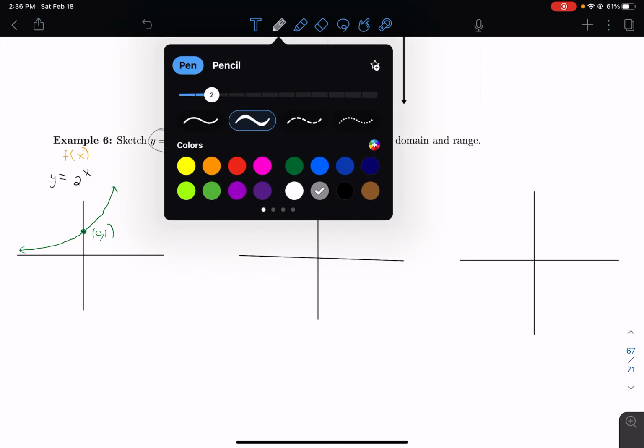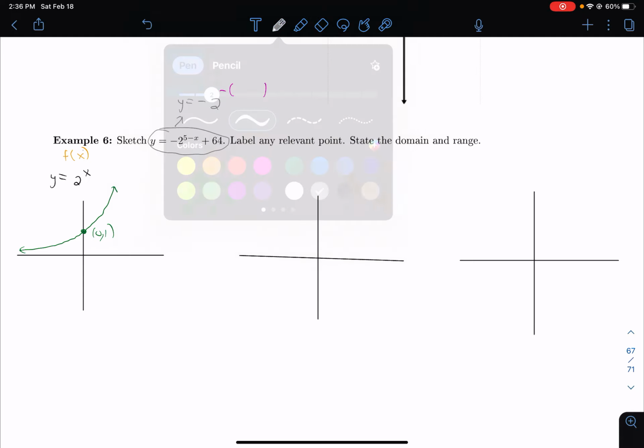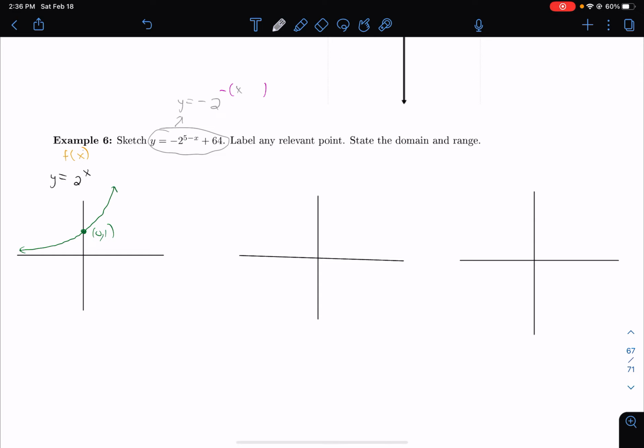So if I factor a negative out of those two terms, which happens to be the exponent, that'll change that negative x to an x, and it'll change the 5 to a minus 5. And then at the end, I still get that plus 64.